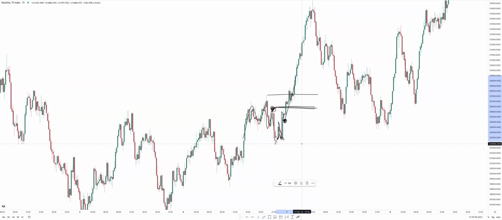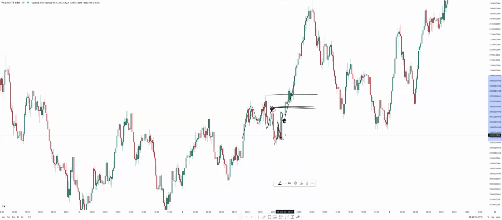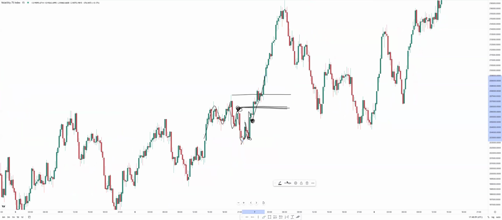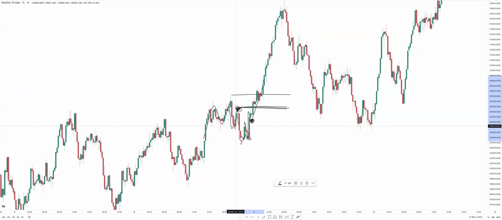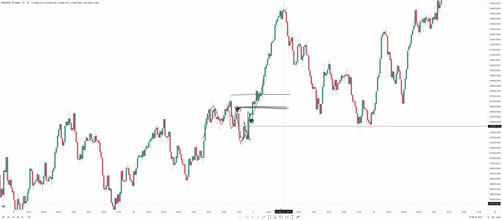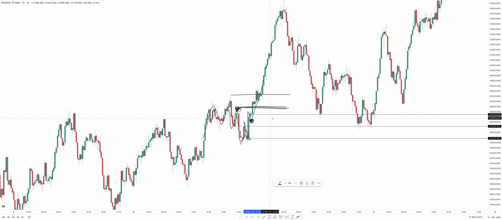So till now, we have 3 entries, right? We have the invalidation, the first invalidation X and the second invalidation X, whereby this was our invalidation right here, this was our first invalidation X, and right here is our second invalidation X.